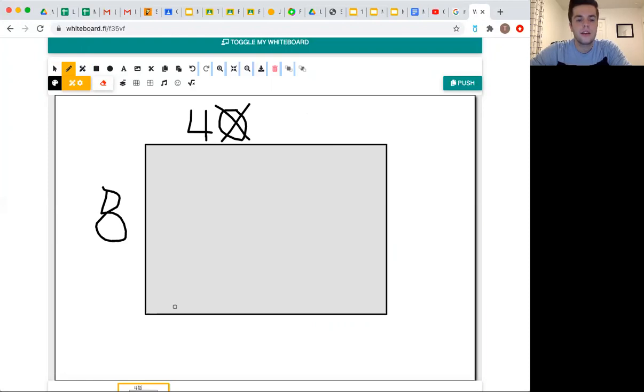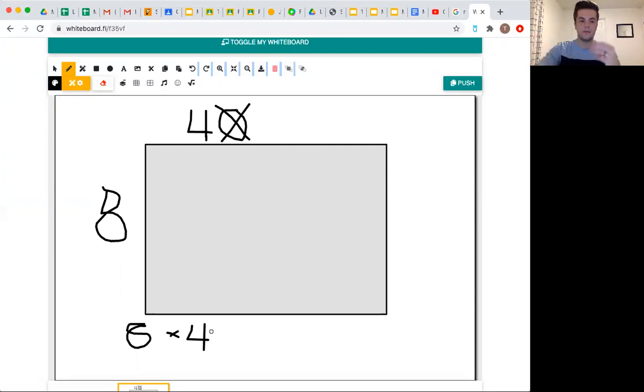So let's do that. 8 times 4. And you can draw an area or an array to help you with this one, with the dots, okay? But what we're gonna do is we are going to count by 4s, 8 times. So let's go 4, 8, 12, 16, 20, 24, 28, 32.